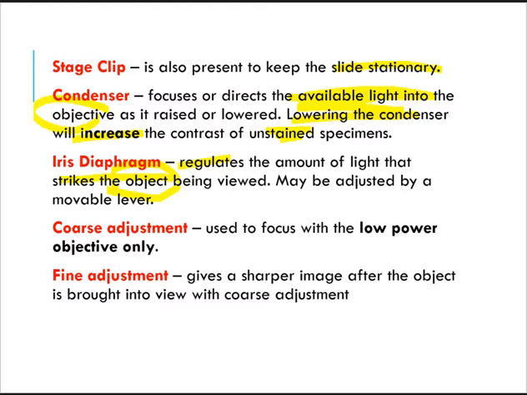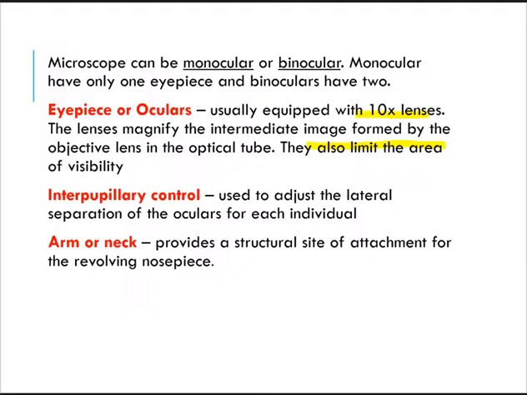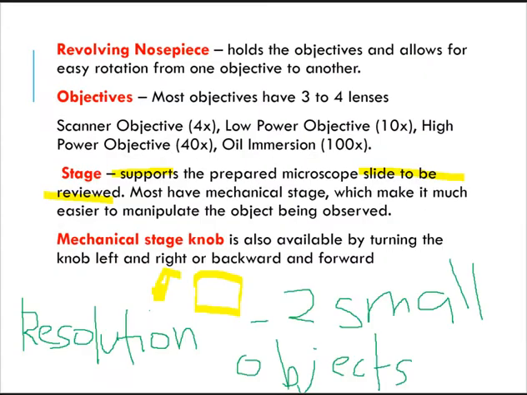It is usually located at the bottom part of your mechanical stage. Let's take a look. Here you go, your iris diaphragm. There is no condenser here, guys. I don't know why, but there should be a condenser.